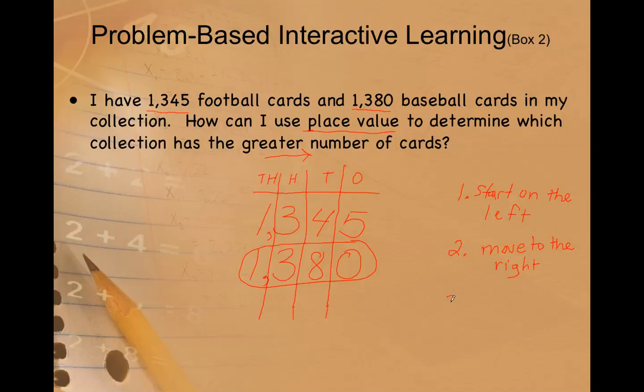So step 3 would be to find the greater number. Okay, so I have more baseball cards in my collection, and that's how you use place value to compare numbers.